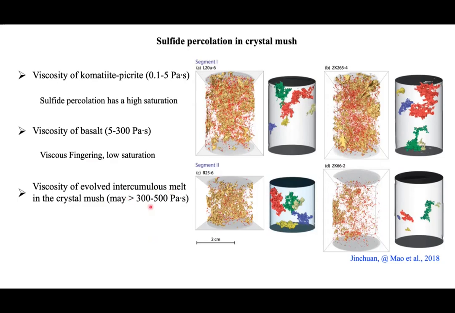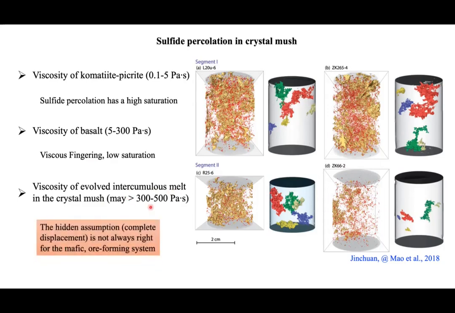So I think our assumption that the sulfide should completely displace the melt in the space between the crystal mesh may not always be right for a metal-forming system. This may not always be right, I'm just saying.